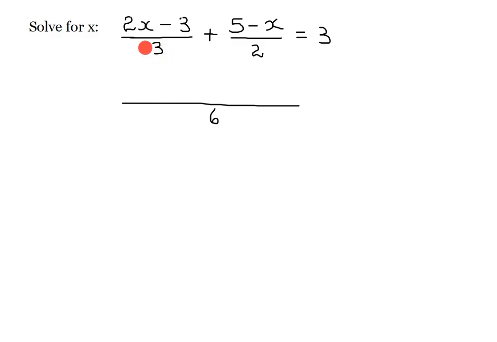We're going to say how many times our denominator of 3 can go into 6, which will give us 2, and we're going to multiply our numerator by 2. So this is where that distributive law comes in, because our expression for our equivalent fraction's numerator would be 2 times (2x minus 3).